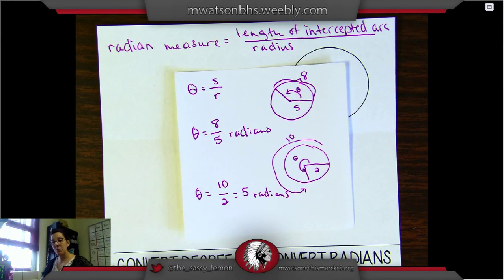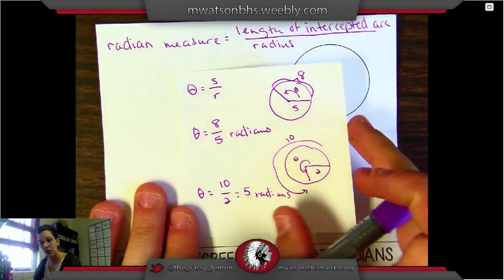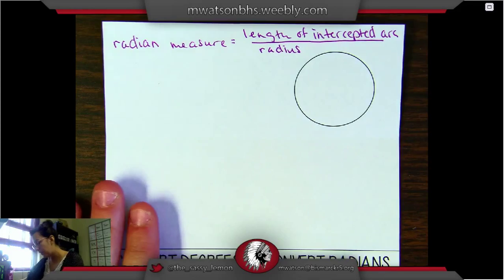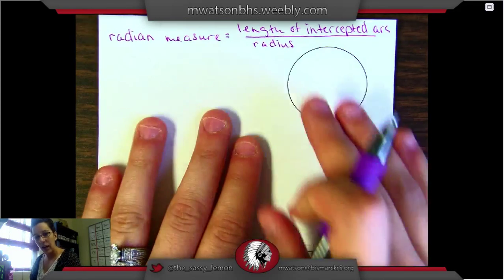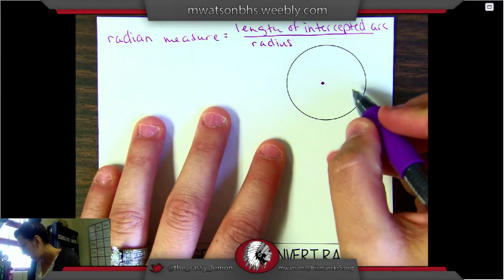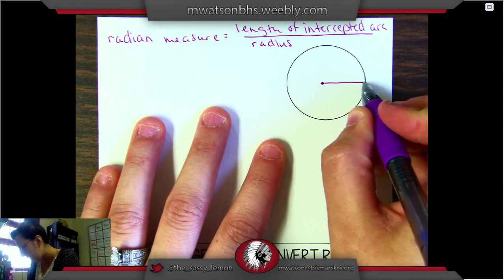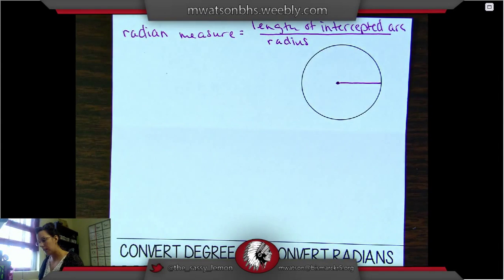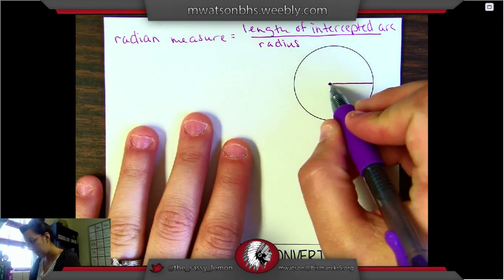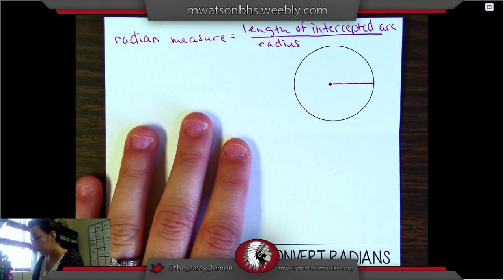So now we're going to back up and not use real numbers and figure out something that's actually quite profound. So in your little circle here, put a center, and then go ahead and draw a radius. Notice I keep using that standard position, so I keep putting my initial side where the positive x-axis would be.